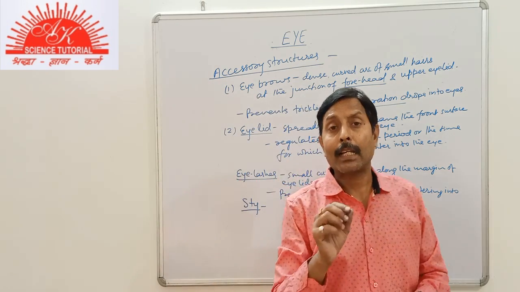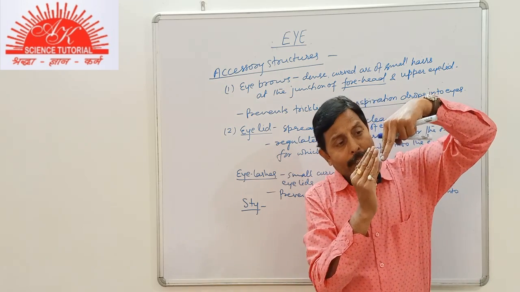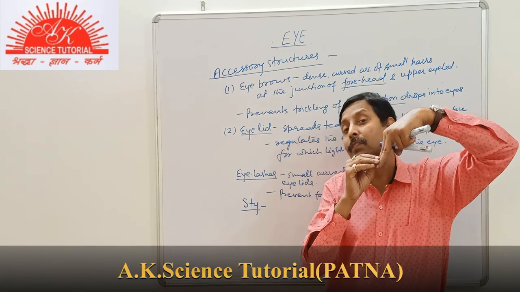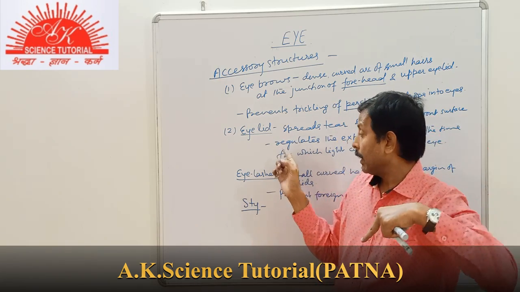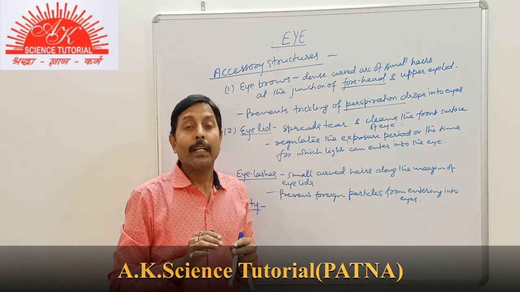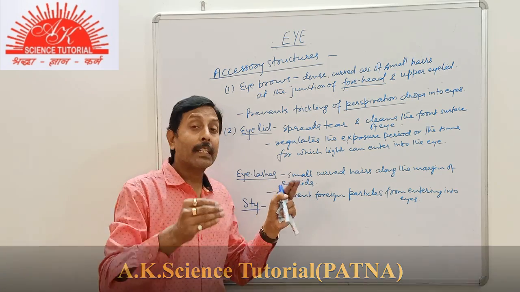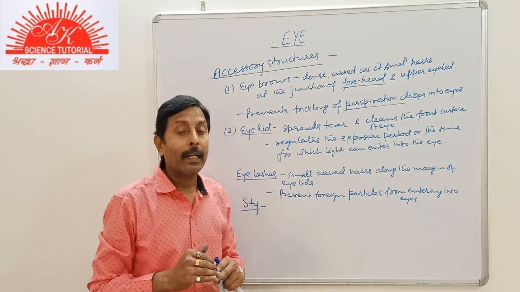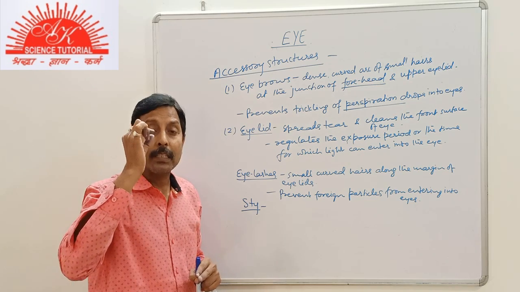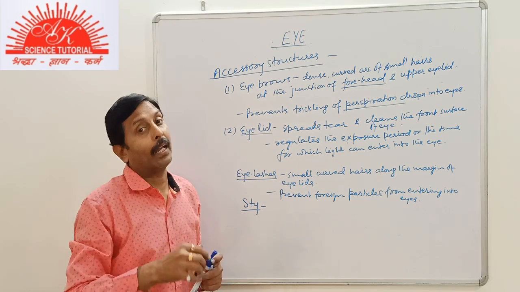Now students, in class 9th in the skin chapter you have studied that in the hair bulb there is a sebaceous gland opening into its follicle. Here there is the hair, eyelashes. So at the bottom of the eyelashes there is also a sebaceous gland. And when it gets infected, then a small swelling develops at the bottom of the eyelashes, that is at the margin of the eyelid, and this swelling will be painful to us.